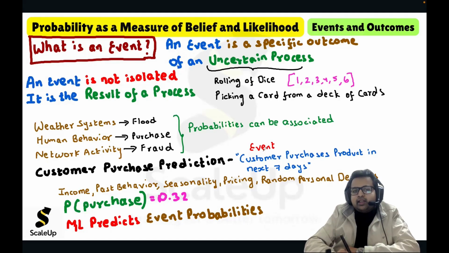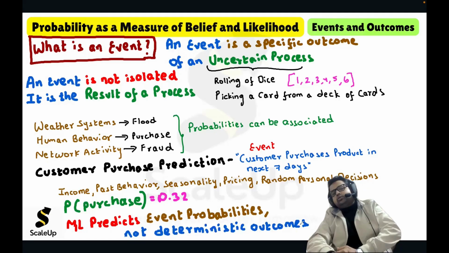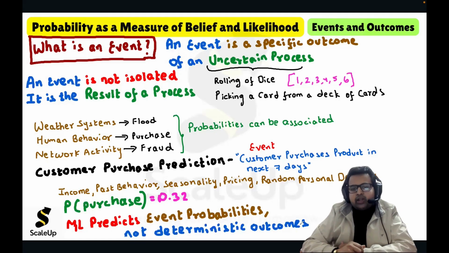And interestingly, the event is not isolated. This is a very important statement: the event is not isolated, but a result of a process. In this example, this event is influenced by these many features that influence the probability of purchase. So machine learning predicts event probabilities and not deterministic outcomes.